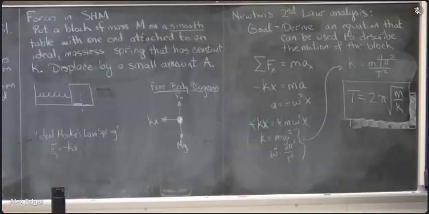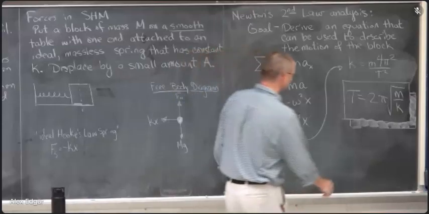What does this equation tell us? First, it tells us that if the mass gets bigger, the period will also get bigger. So the bounce of the mass on the spring will get slower. It will look slower. It also tells us that if the spring is replaced by a stiffer spring, meaning k gets bigger, then that means the mass will bounce faster. The period will be reduced.